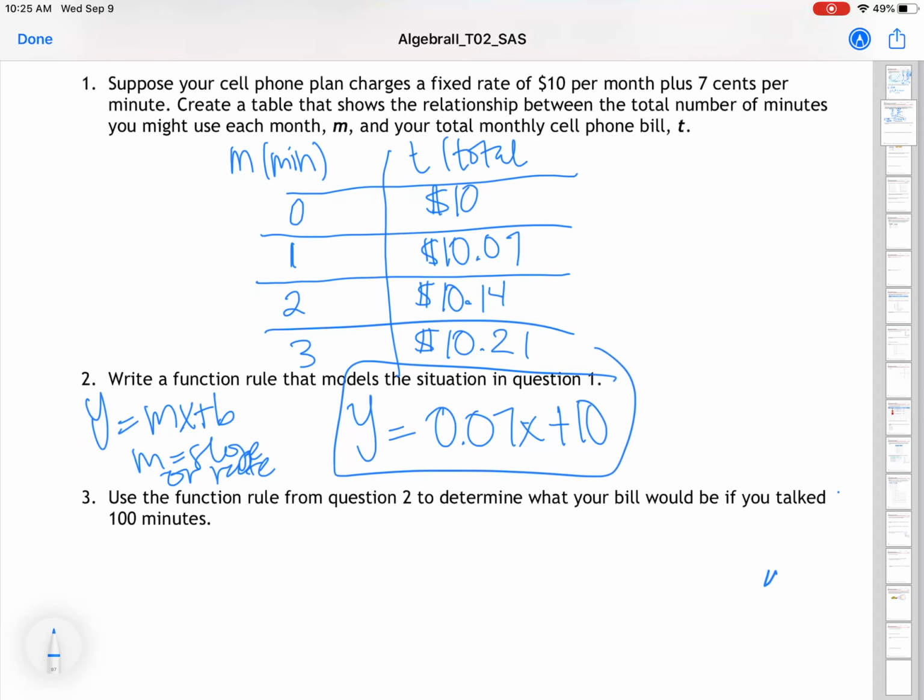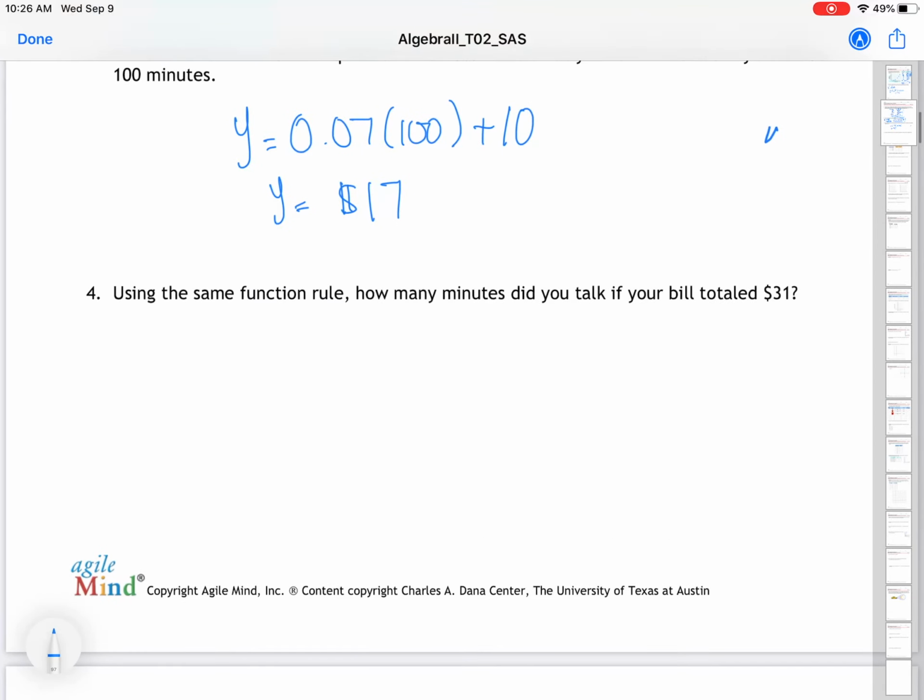This is our function rule. Number 3, use the function rule in number 2 to determine what your bill would look like if you talked for 100 minutes. It's going to cost me $17.